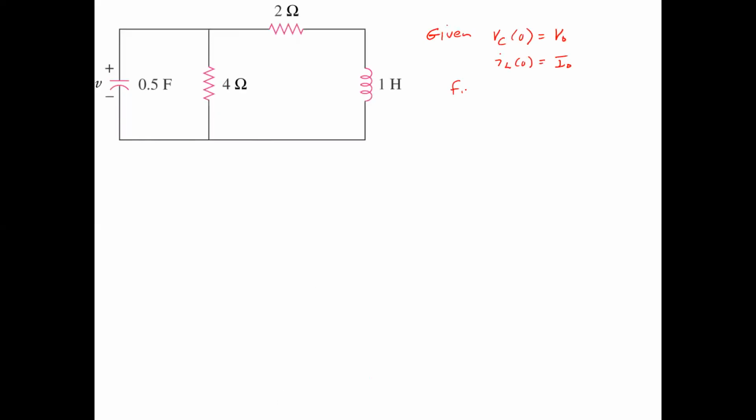Maybe we would be asked to find V of t. Again, this is neither a series nor a parallel circuit. But if you have a voltage here of V, then the circuit current through the form is going to be V over 4.